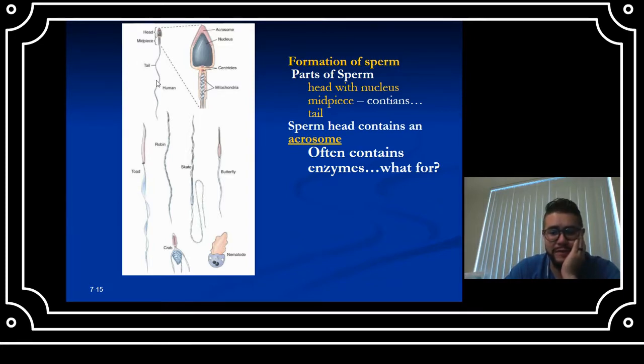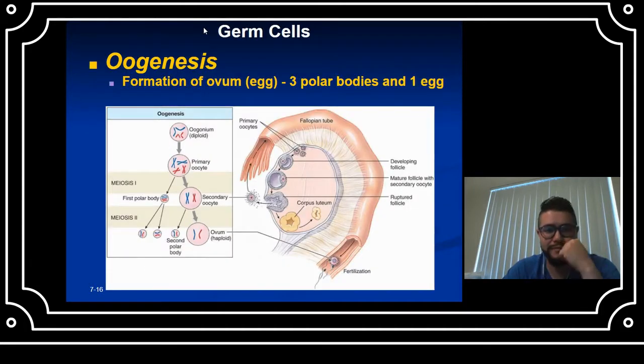It's what propels the sperm towards the egg, and then the tail is used for movement. And then finally, the acrosome contains enzymes, and the whole point of those enzymes is to eat away at the membranes that surround the egg. So that's spermatogenesis and parts of a sperm cell.